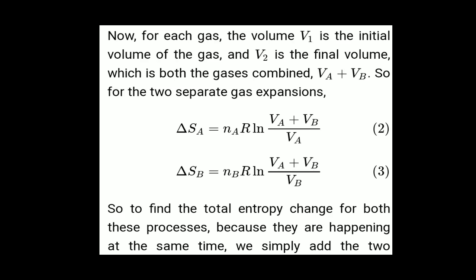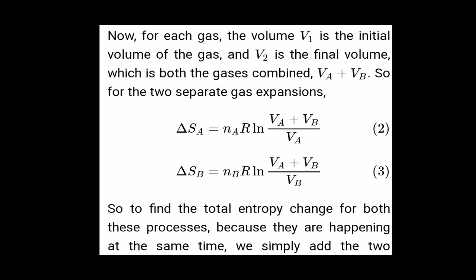So the two separate gas expansions must be delta S A is equal to Na R log Va plus Vb by Va, equation 2. Delta S B is equal to Nb R log Va plus Vb by Vb, equation 3.